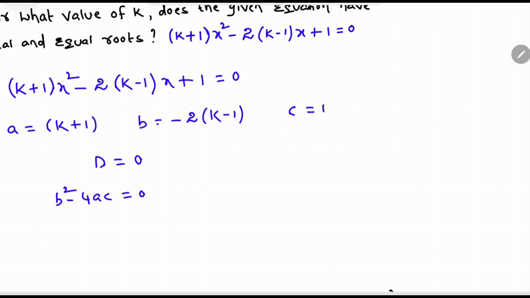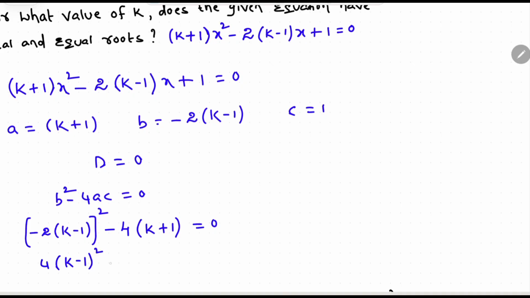Therefore, the b value, minus 2 into k minus 1 whole power 2, b square, minus 4 into a value k plus 1 into c value 1. So no need of writing 1 here. So minus 2 whole power 2, that is 4, into k minus 1 whole power 2 minus 4 into k plus 1 is equal to 0.